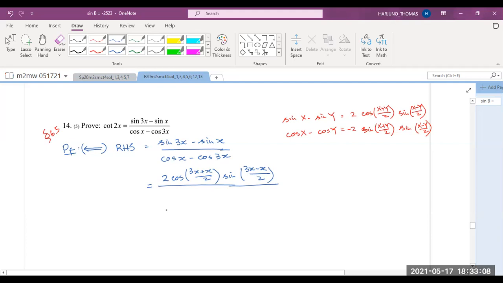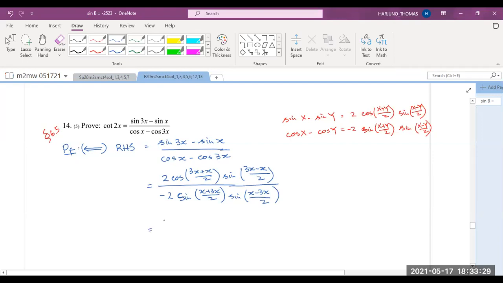On the denominator, we have cosine minus cosine, that's negative 2 sine of sum over 2, sine of difference over 2.